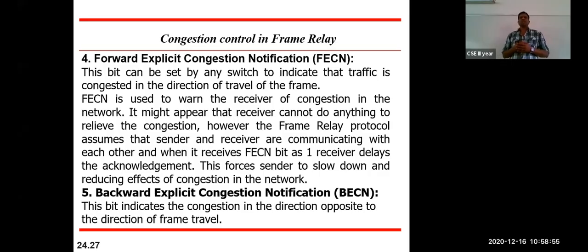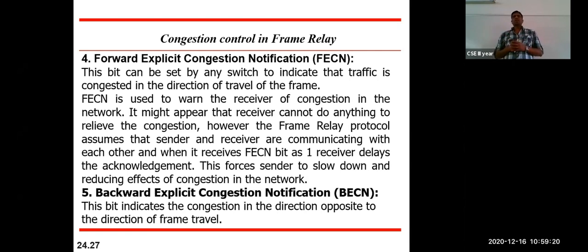When it receives FECN bit as 1, receiver delays the acknowledgement. Simple. Whenever receiver understands that there is congestion, what will the receiver do? It will simply delay the acknowledgement. If a sender understands, it will slow down the sending packets. Number of packets to be sent will be slowed down. If a receiver understands, it will delay the acknowledgement so that sender will slow down. Right? So that is FECN.